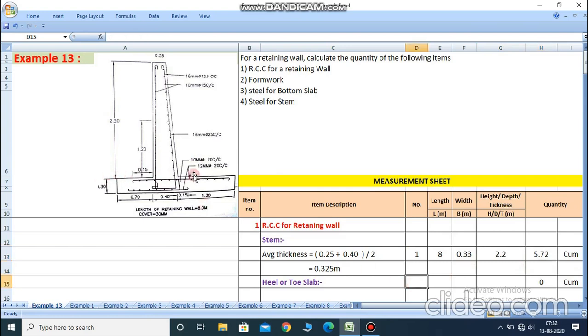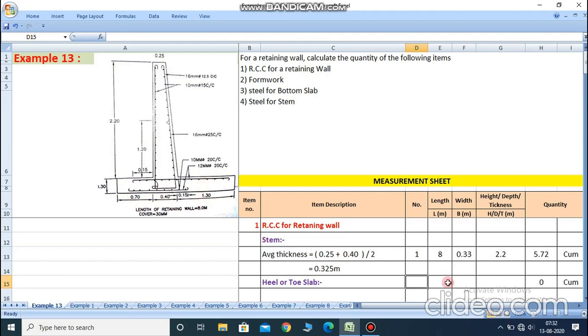Similarly for the bottom portion, the total length is the summation of these three values: 1.30, 0.4, and 0.7. So 0.7 plus 0.4 plus 1.30, the summation is 2.4.